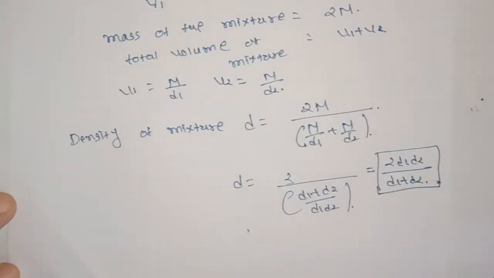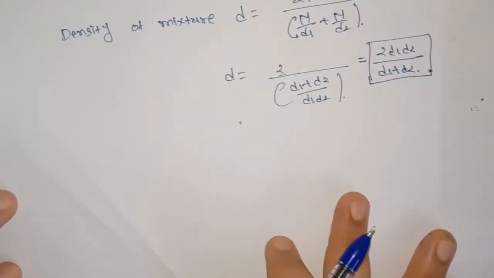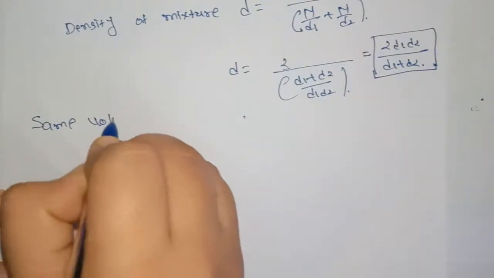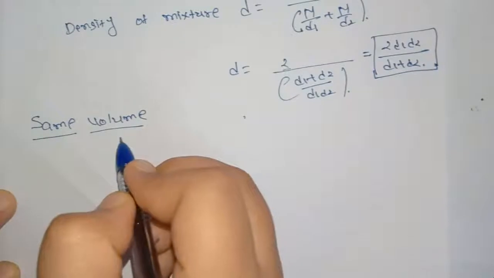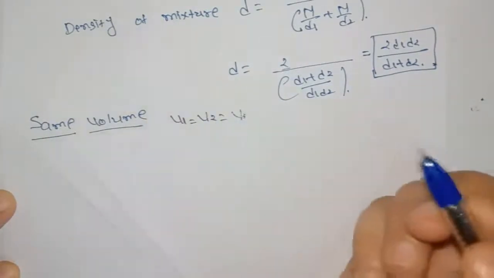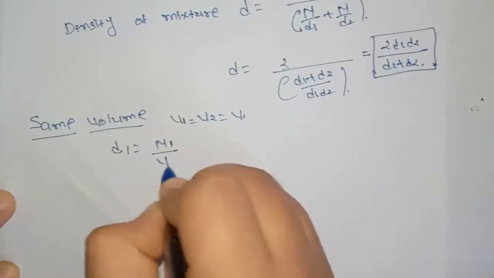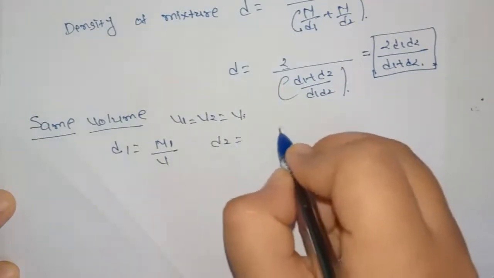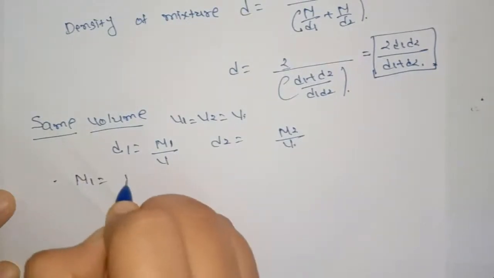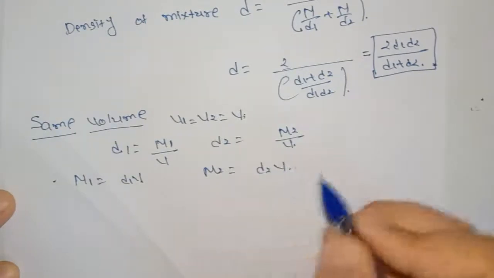If in the same question it was given that they are mixed in such a way that they have same volume, let us see that case. Let's say both are having same volume, V1 is equals to V2 is equals to V. Density D1 is equals to mass M1 upon V and D2 is equals to mass M2 upon V. So M1 will be equal to D1V and M2 will be equal to D2V.